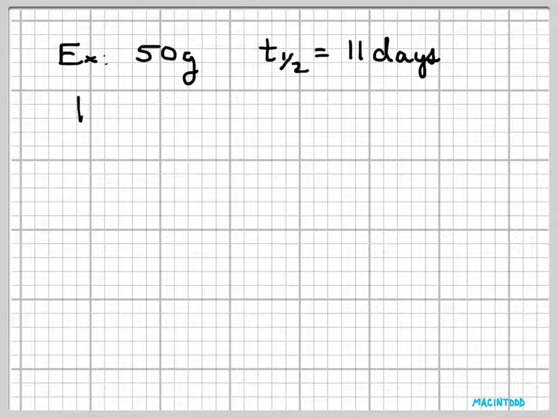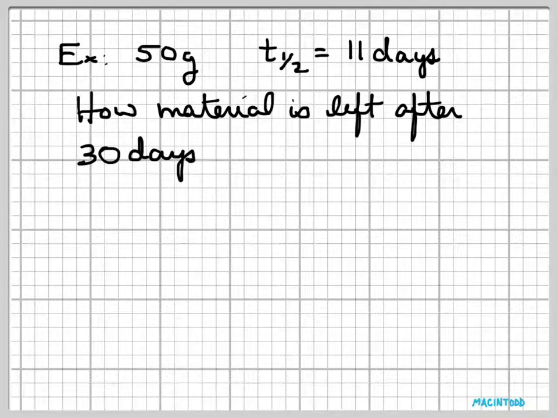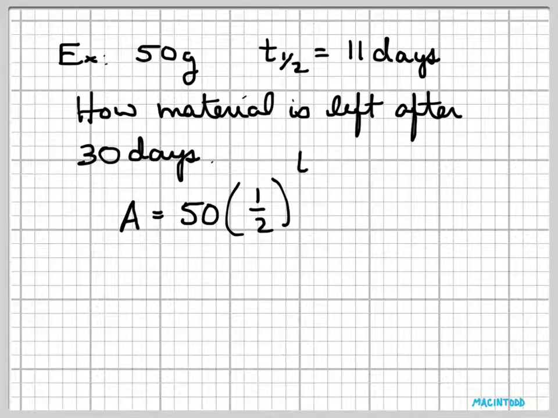And the question is, how much material is left after, let's use, 30 days. So our equation looks like this. The amount we're going to have left is equal to our original amount, and then count up how many half-lives that is by taking the time that it's been decaying divided by 11, to get the number of half-lives that have occurred.